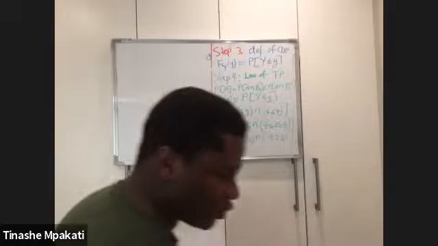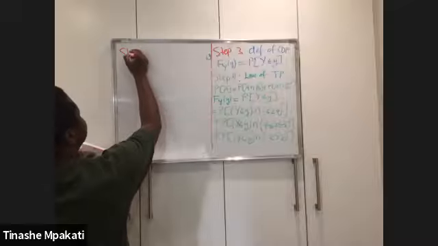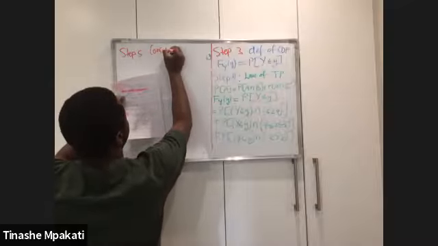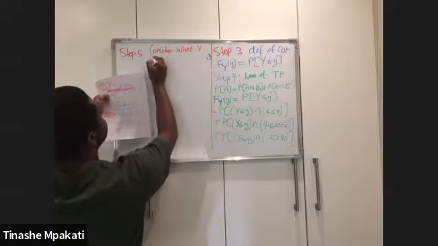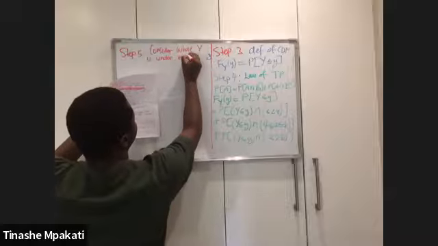The next thing you should then do, our step 5, is to consider what your random variable Y is under each interval.